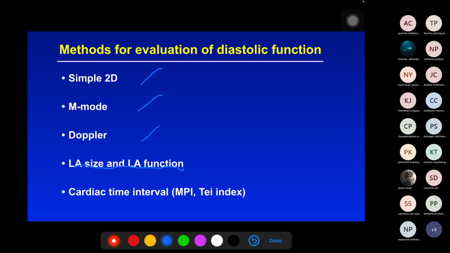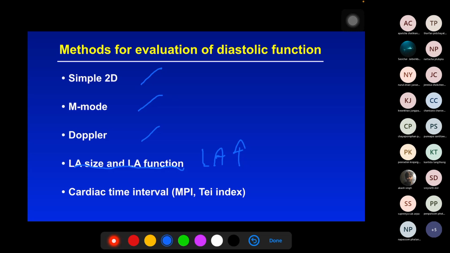After the LV relaxation or LV diastolic function is impaired for a long time, the LA will be enlarged in the long term after the LV diastolic dysfunction.